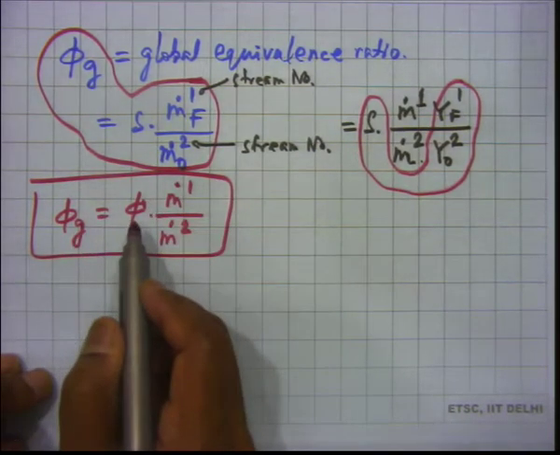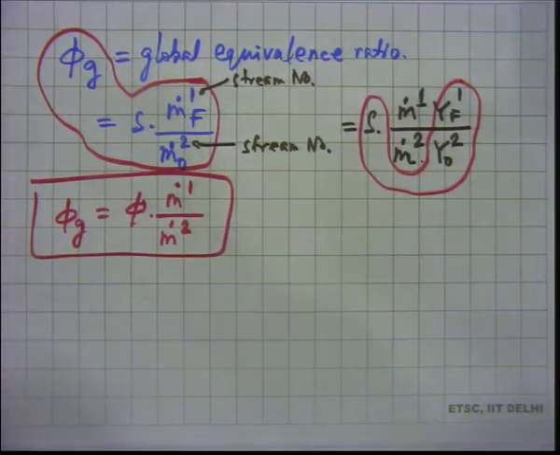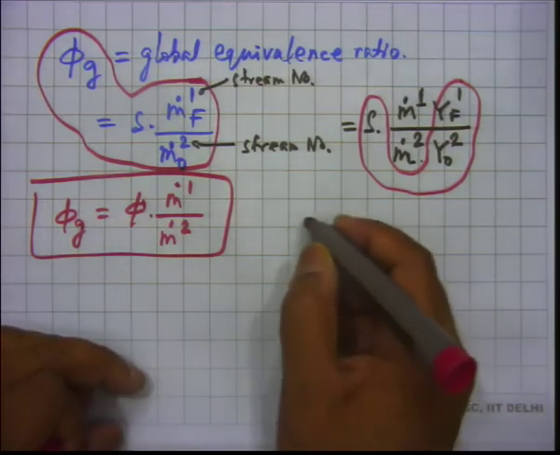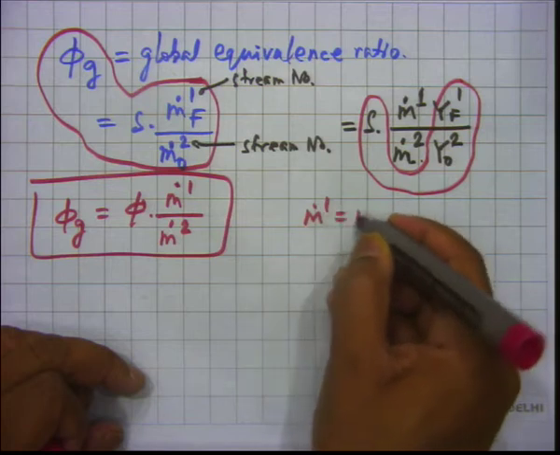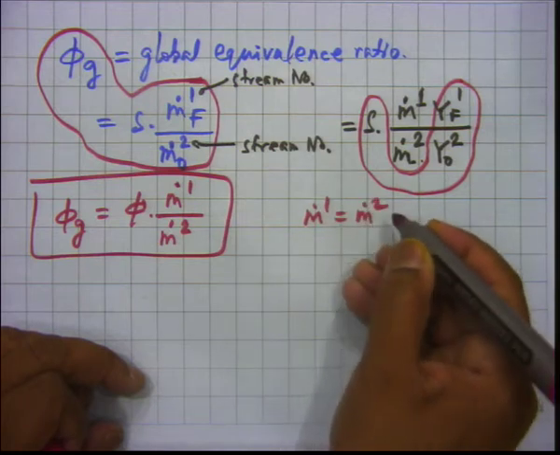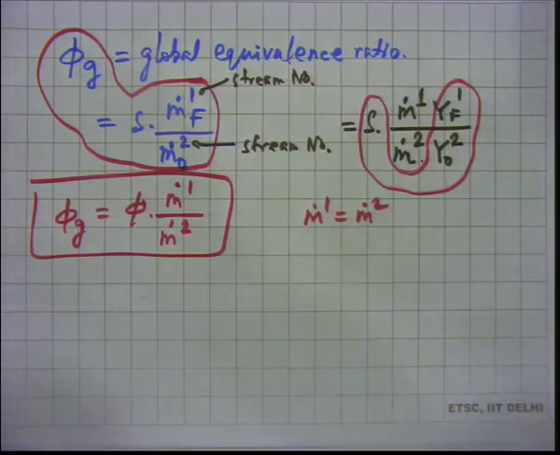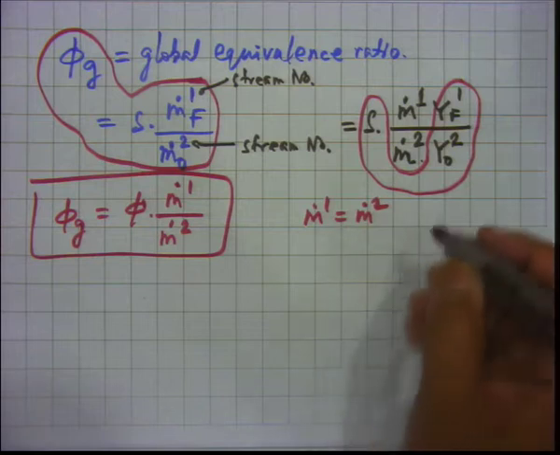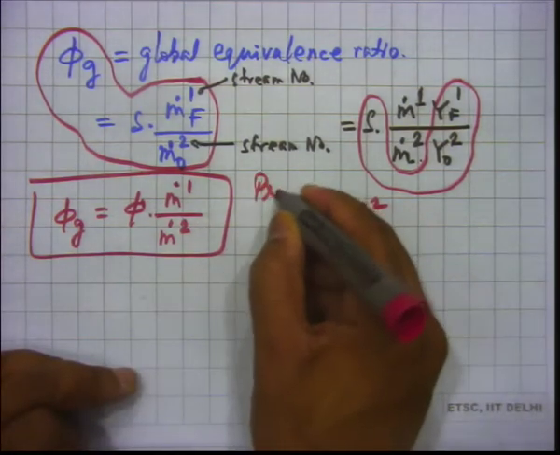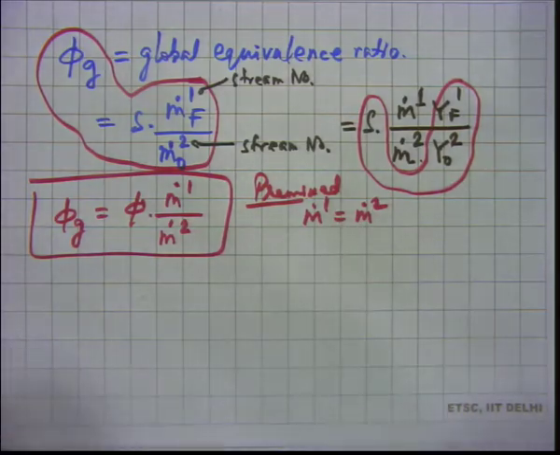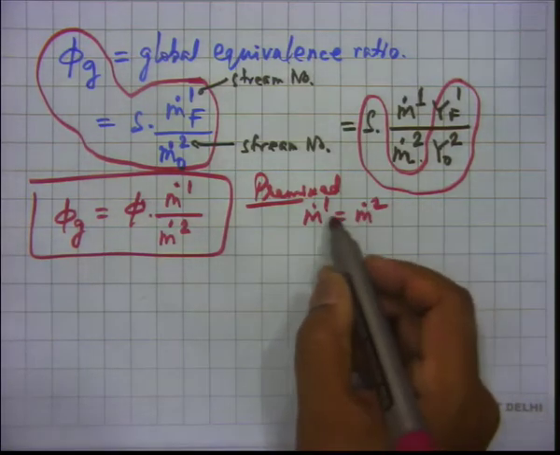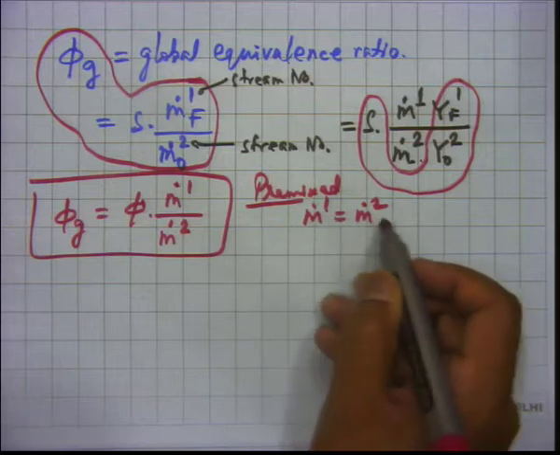What this also tells us is, if you have premixed combustion, then it is only one stream. In that case m dot 1 is equal to m dot 2, equal to some m dot. We are talking about just one stream where fuel and oxidizer are mixed, so there is no point writing separately m dot 1 and m dot 2.